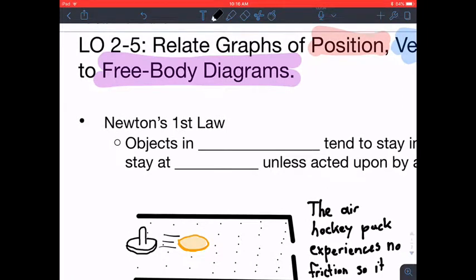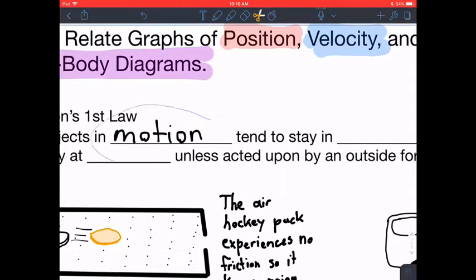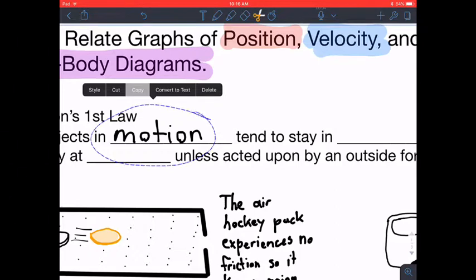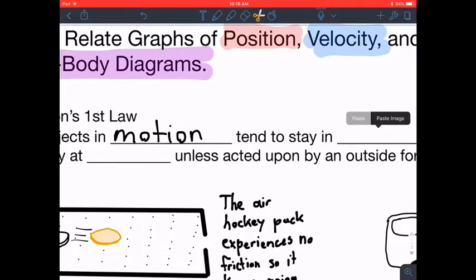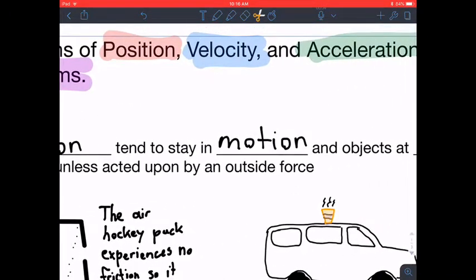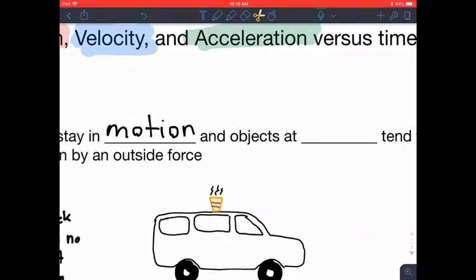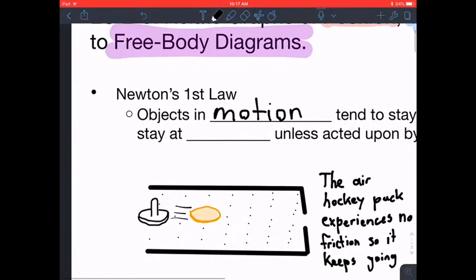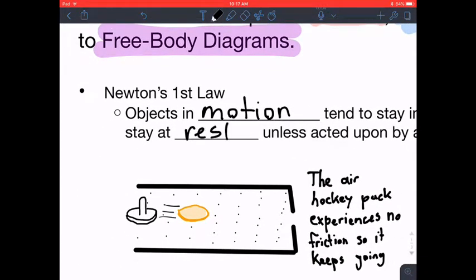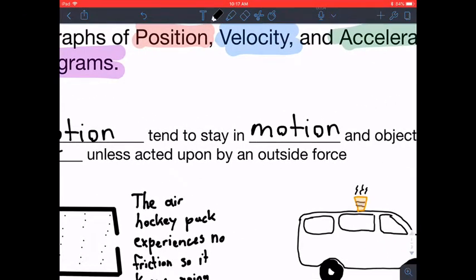The way you learned Newton's first law in junior high school was you learned that objects in motion tend to stay in motion, and objects at rest tend to stay at rest unless acted upon by an outside force.